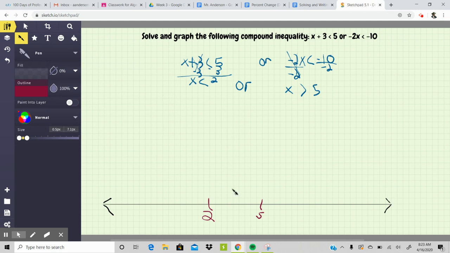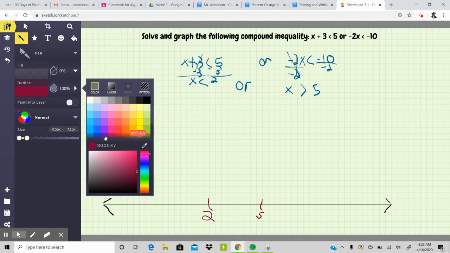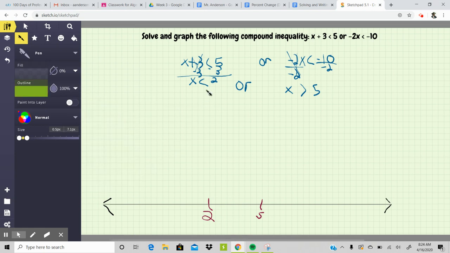That's pretty simple. We just have a less than symbol. It's not less than or equal to. So that means we're just going to put an open circle on 2. Because remember, it's not equal to 2. It's just everything that's less than 2. So if it's everything that's less than 2, we're going to shade everything to the left of 2 on the number line. Because everything less than 2 is going to be to the left of it on a number line.